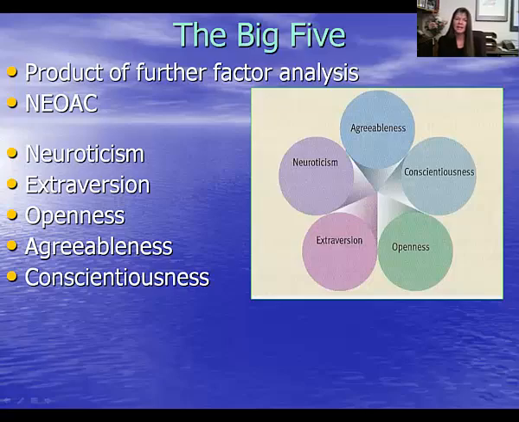Now, if somebody is really low in neuroticism, you can think of the opposites, right? So this would describe somebody who is really low in neuroticism. They'd likely be calm, secure, self-satisfied, emotionally stable, right?